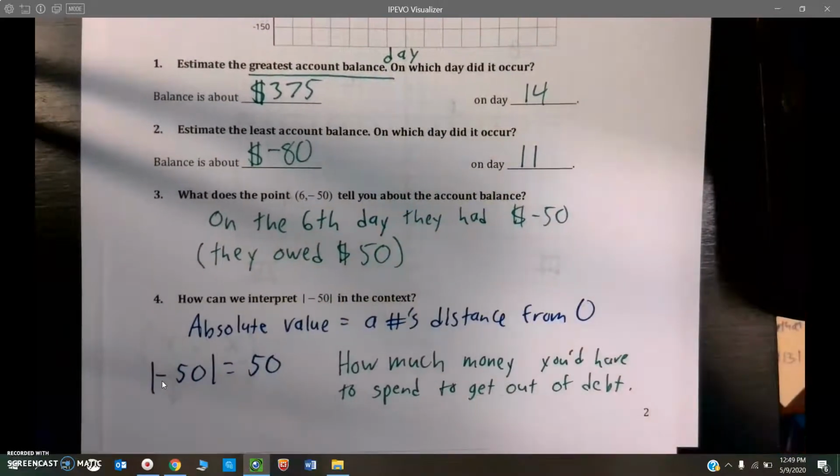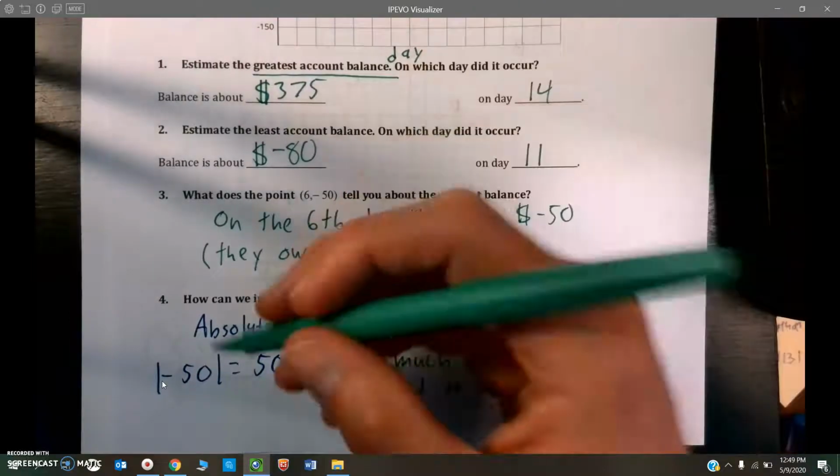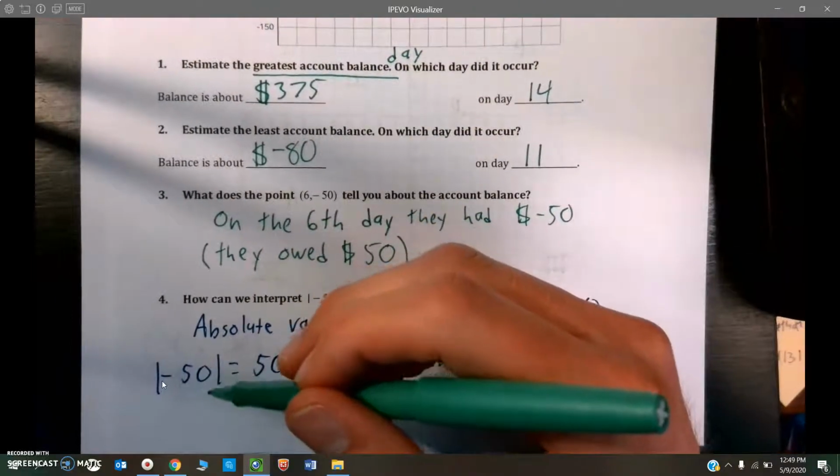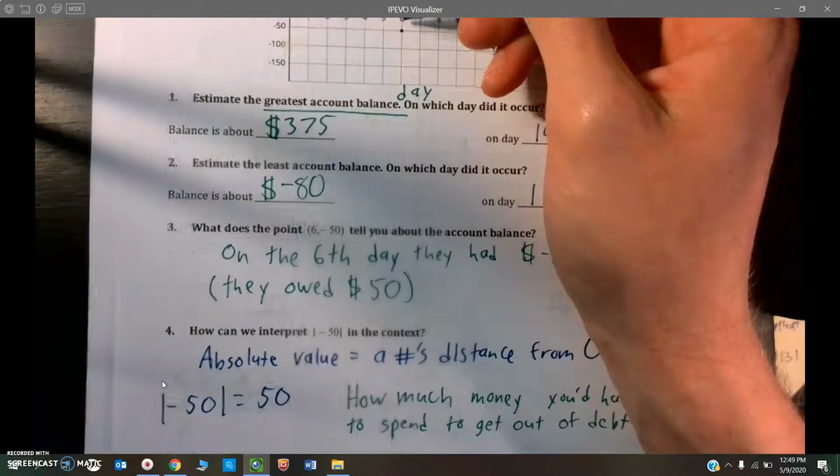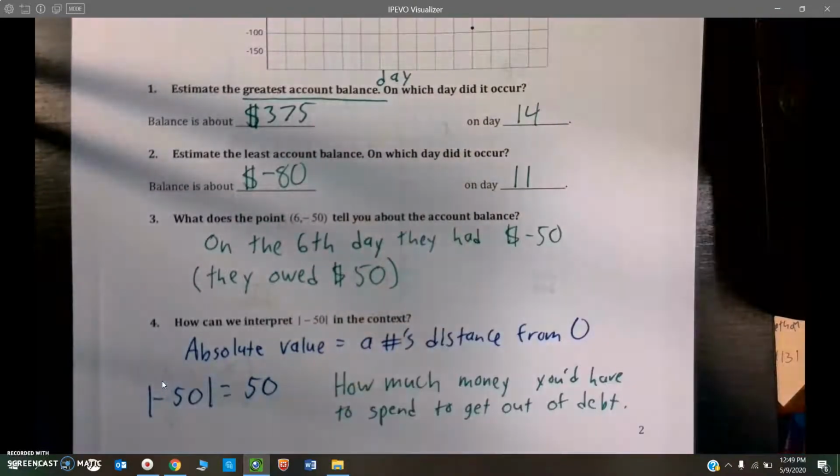Which is $50, right? So it's basically saying, if you had -$50, how much money would you have to pay before you got back to a 0 balance? $50. All right, on to the next one.